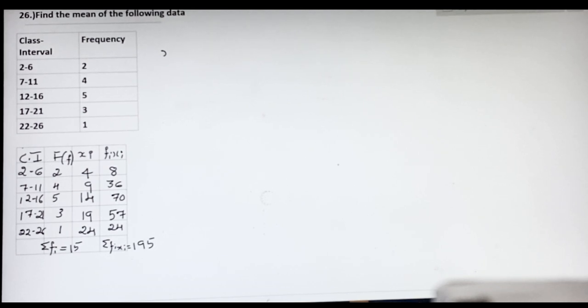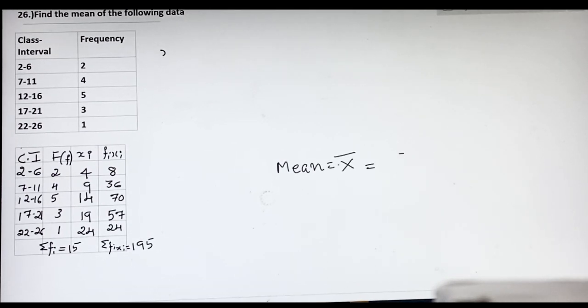So now how do we find the mean value? We have a formula to find the mean. How do we represent mean? X bar. So mean X bar is equal to sigma of fi xi divided by sigma of fi. This is the formula. Now we need to replace this formula with the given values.